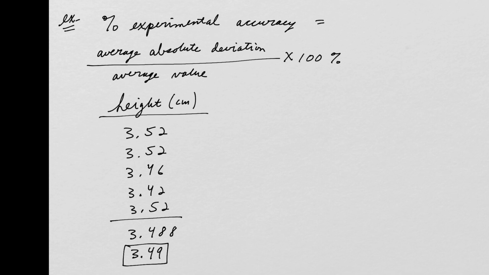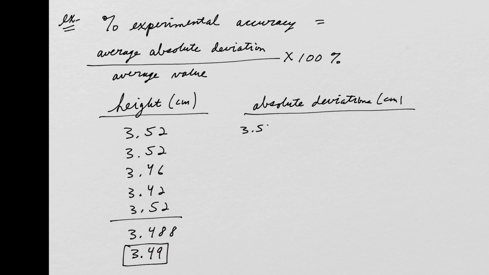Okay, then I have a second column of my absolute deviations, also in centimeters. And remember, these are how far each data value is away from the mean. So mathematically, you're taking each data value and subtracting the mean, subtracting your average, and then taking the absolute value of that.